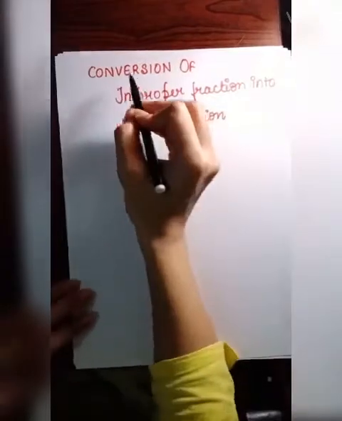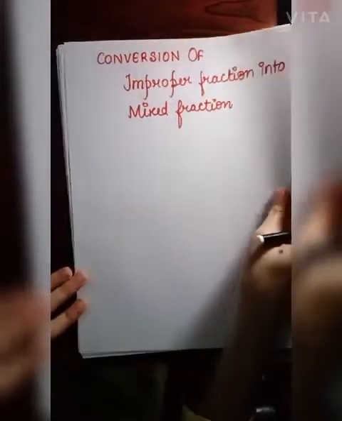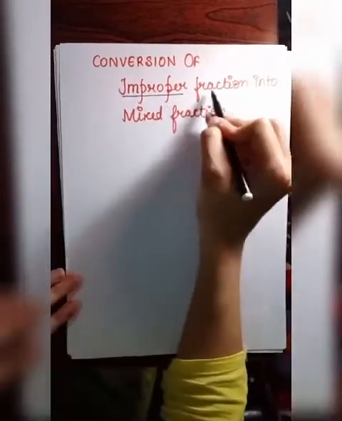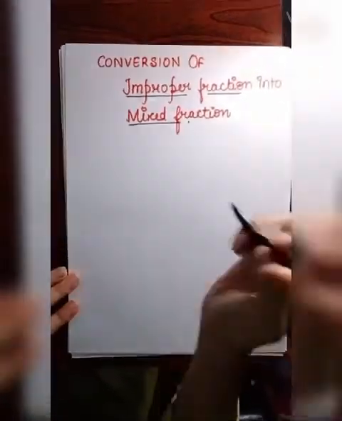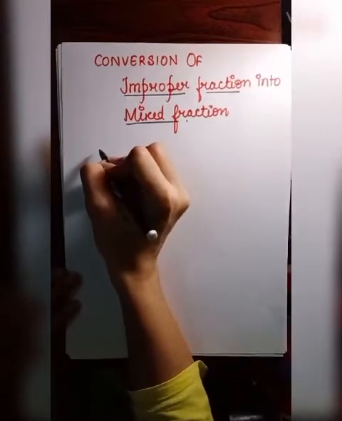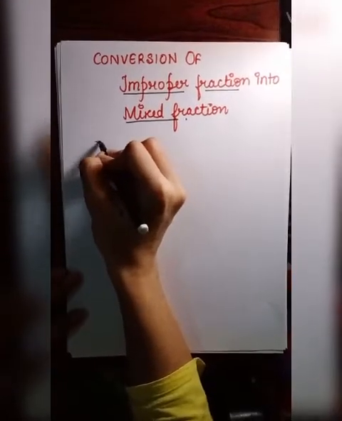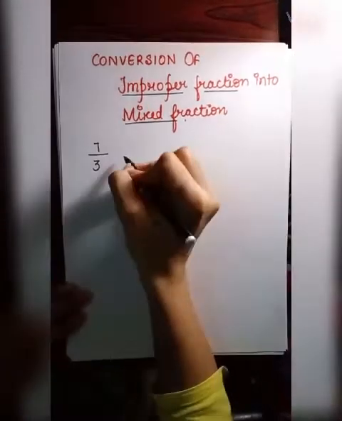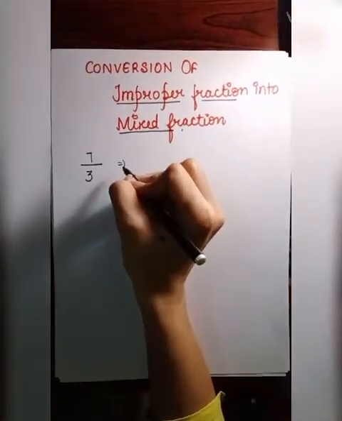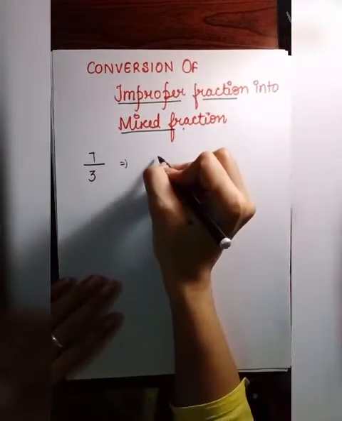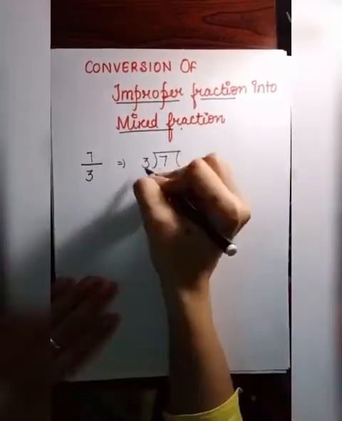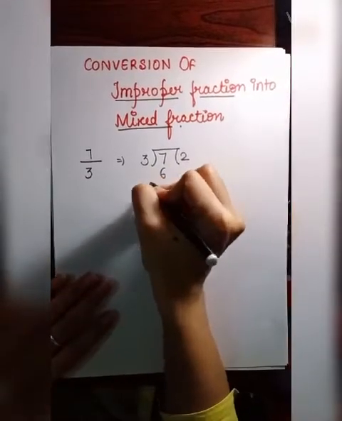After learning about the conversion of mixed into improper fraction, let's learn about the conversion of improper fraction into the mixed fraction. What is an improper fraction? The fraction where numerator is greater than the denominator. What we are going to do? We will first divide 7 by 3. 3 2s are 6.